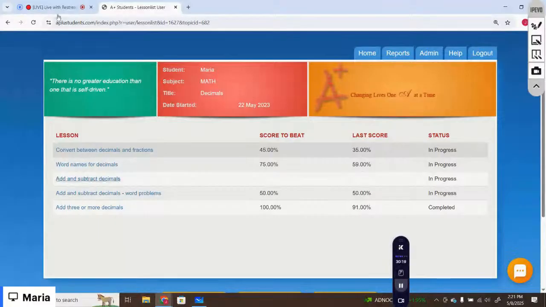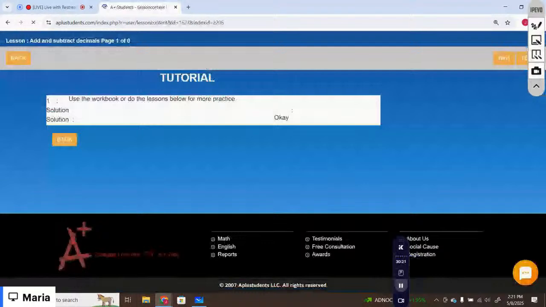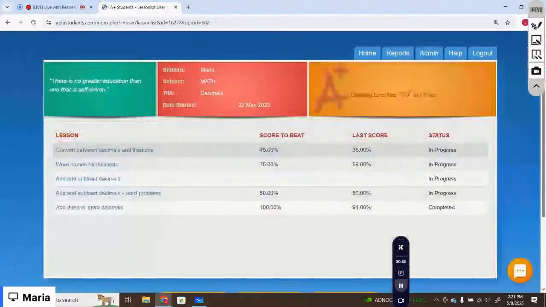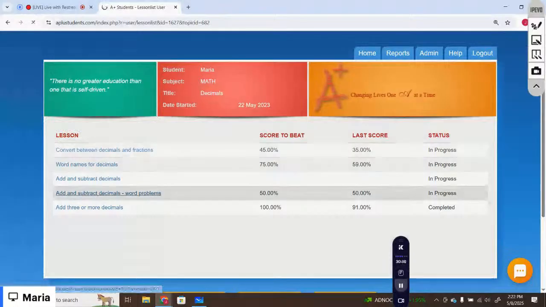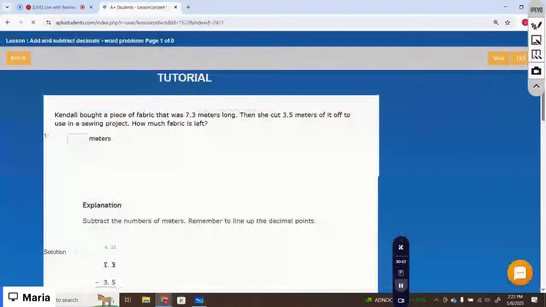The next one is add and subtract decimals. The next lesson is add and subtract decimals with coordinates.